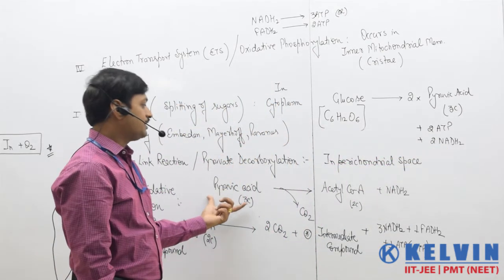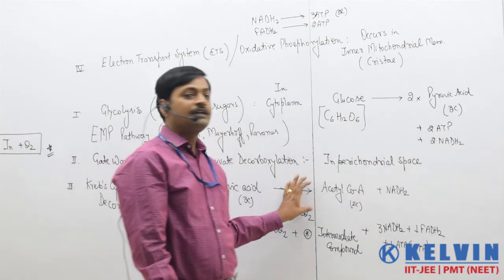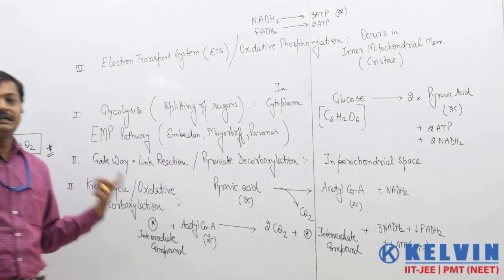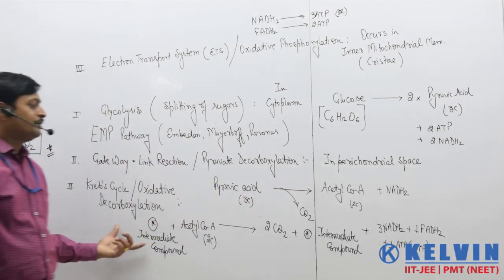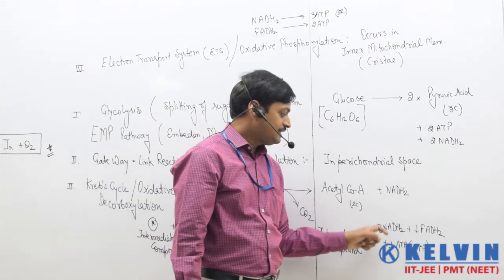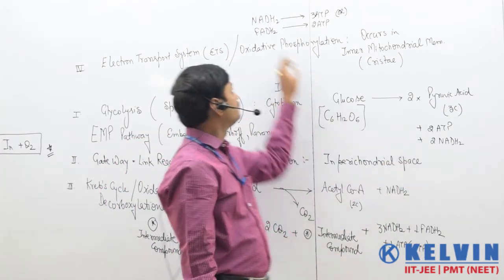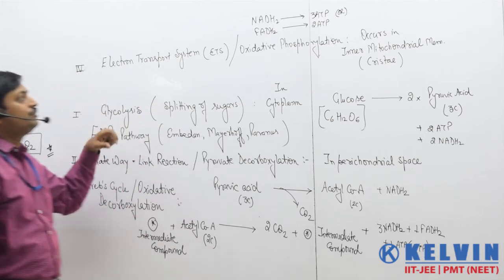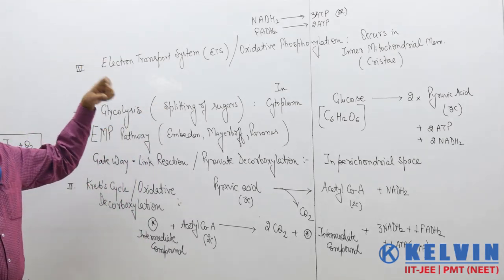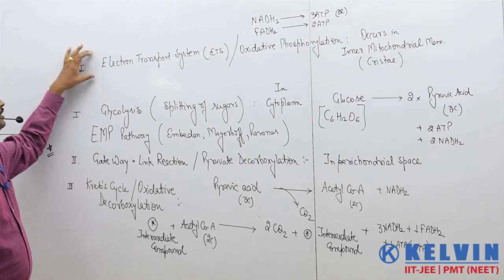From 1 pyruvic acid, we have 1 NADH2 in the gateway or link reaction, that is pyruvate decarboxylation. And in the 3rd step, that is Krebs cycle, we have 3 NADH2, 1 FADH2. And these NADH2 or FADH2 yield 3 or 2 ATP. It is shown here. NADH2 will yield 3 and FADH2 will yield 2 ATP during ETS.